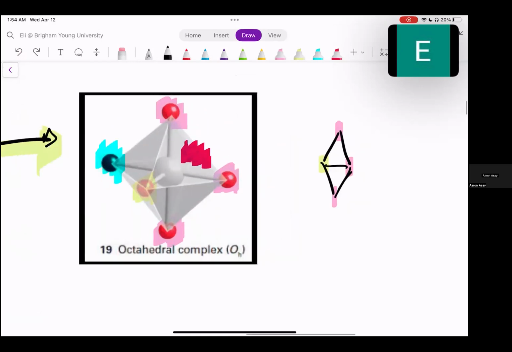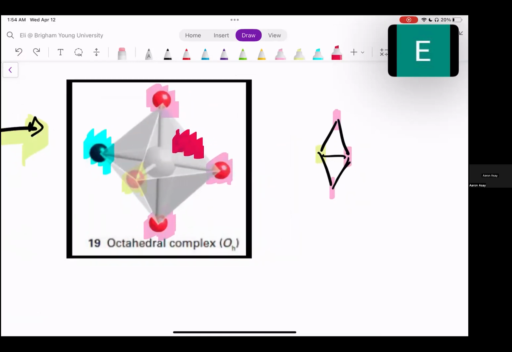And then sitting behind the pink one, we're going to have red. And then sitting behind this blue one, remember this is in 3D space, we're looking straight on at it this way, sitting behind this green one is going to be the blue.